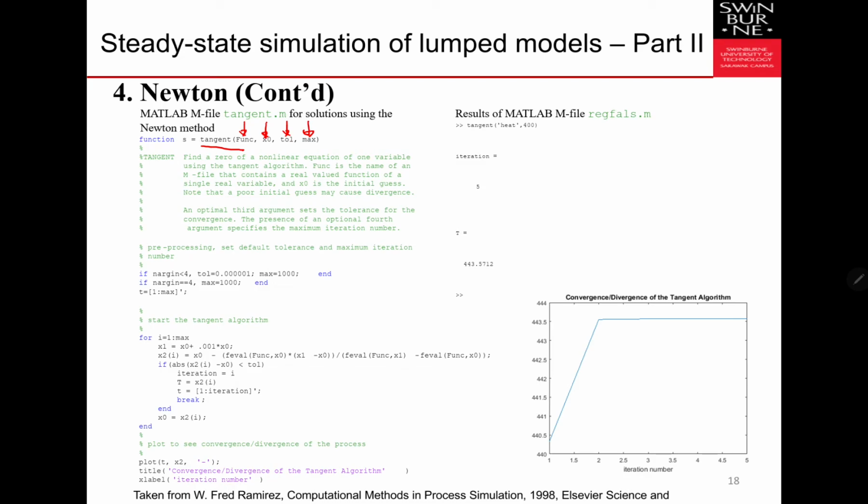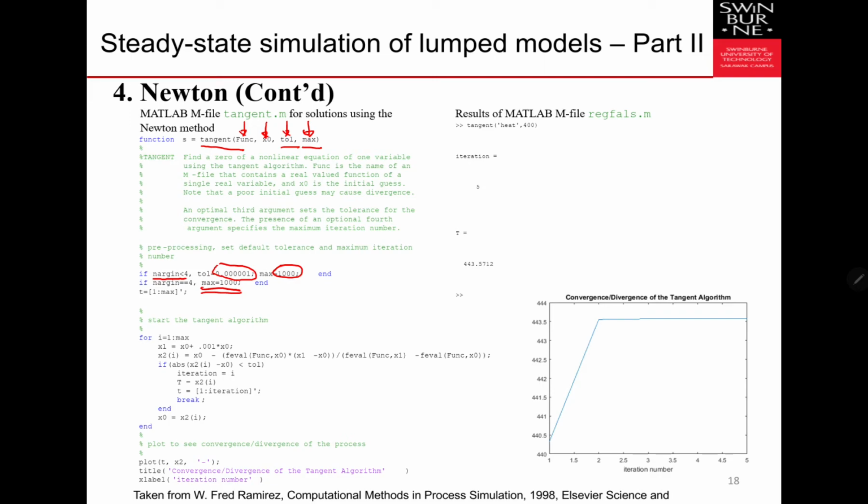The tolerance here means the difference between one value and the next value. If the difference between one value and the next is small enough, then the loop will be stopped. If the number of input arguments is less than 4, then we set the tolerance according to this, and the maximum number of iterations to 1000. If the number of input arguments is 4, then the maximum will be set to 1000.